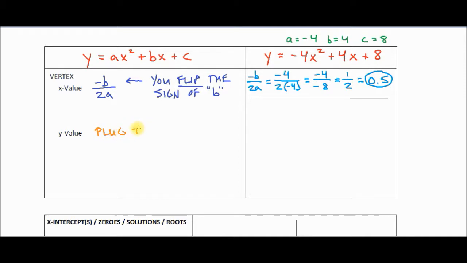You just plug the vertex x value into the equation, or into the function. In this case, it is an equation, so into the equation, and solve for y.